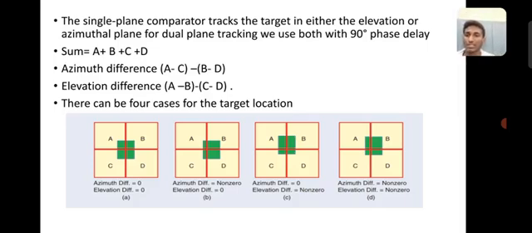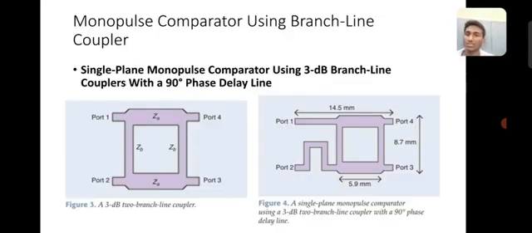Coming to diagram C, the vertical partition is not symmetric, so the elevation difference is non-zero and the azimuthal difference is 0. In the last picture, the partition of the target is overall not symmetric, so the azimuthal difference is non-zero and the elevation difference is non-zero.